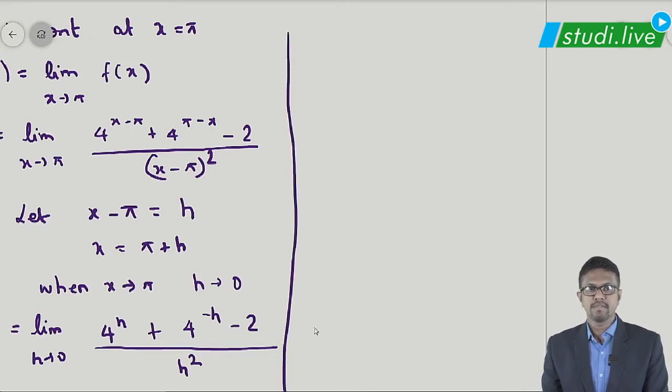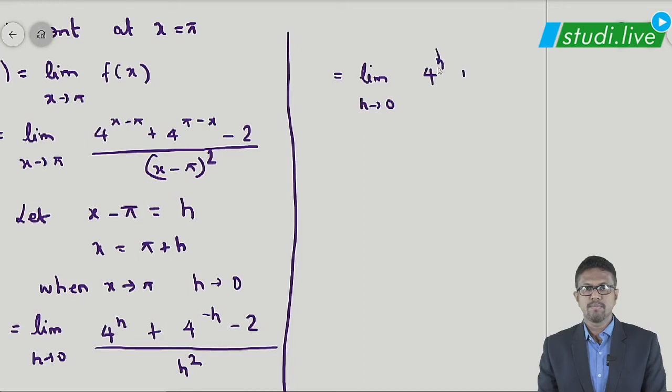So I can say this is now limit h tends to 0, 4 raised to h plus 1 upon 4 raised to h minus 2, upon h square.